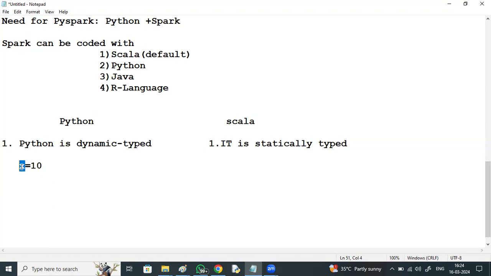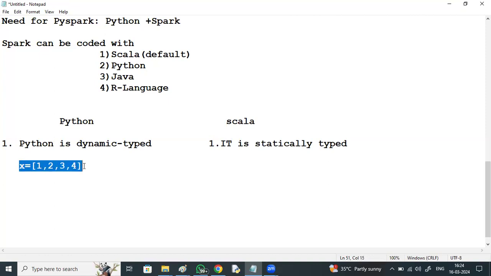If you assign an integer, an integer variable is created dynamically. If you assign a list, a list is created dynamically. No need to specify whether it's a list, an integer or a float.